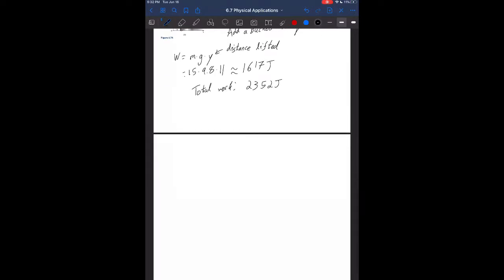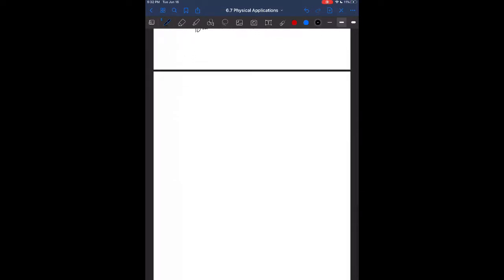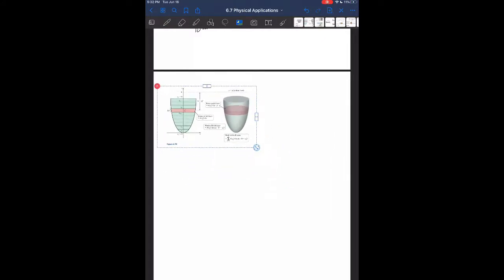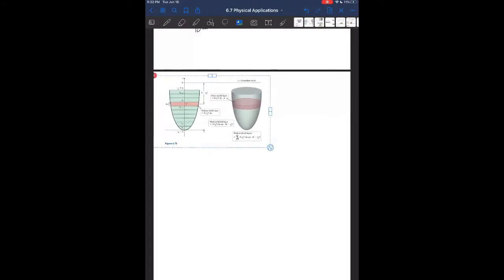Okay, so let's just pull up a picture here. Similar to what we've been talking about this entire chapter, we're going to break up this container into smaller and smaller cross sections, and then we're going to look at the work needed to lift out one of these cross sections, right?